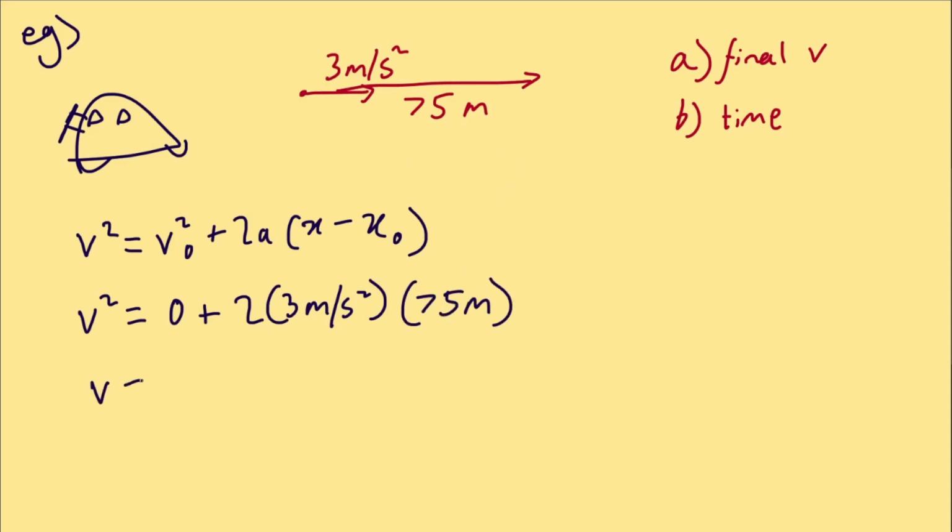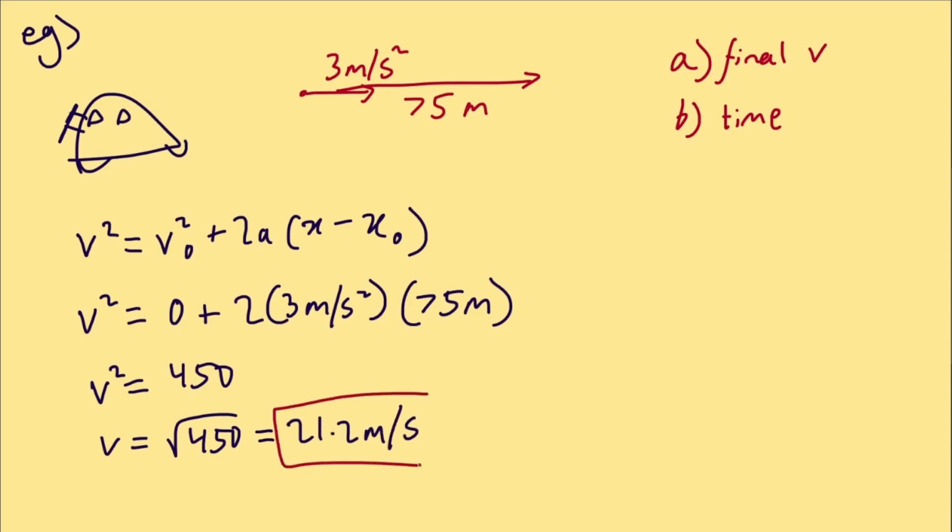Go ahead and solve it. You get velocity squared is 450. So velocity is root 450. Put it into a calculator and it's 21.2 meters per second. That is the velocity of the Ferrari after this acceleration period without knowing the time.